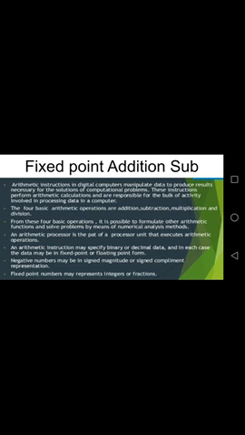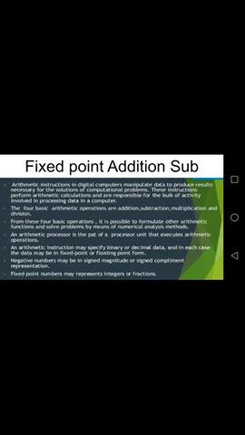Negative numbers may be represented in signed magnitude form or signed 2's complement representation. Remember, in computers, a positive number can be represented in signed magnitude, but a negative number can be represented in three forms.